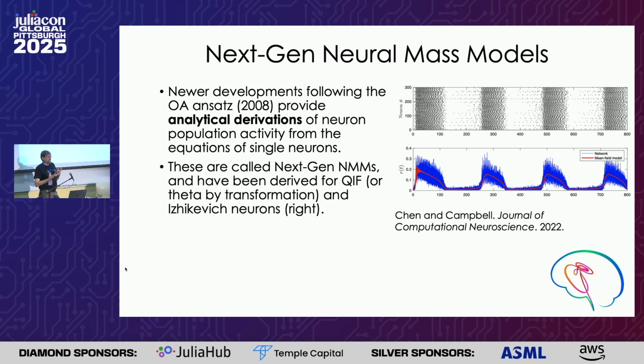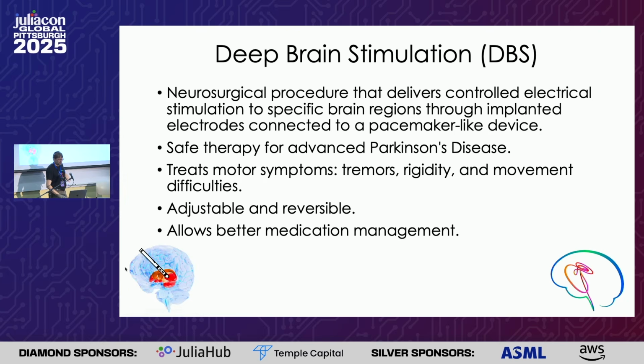And so the idea is then we can take the brain, parcel it up, and then start replacing parts of the brain with neural mass models, which makes it computationally much more feasible, right? We can get many orders of magnitude reduction in terms of what we have to simulate.